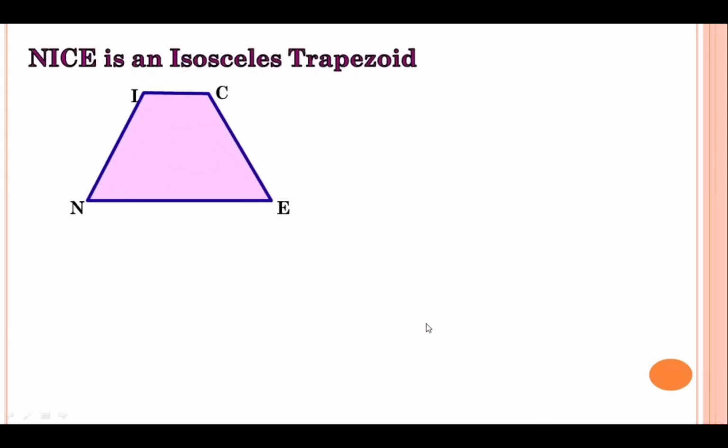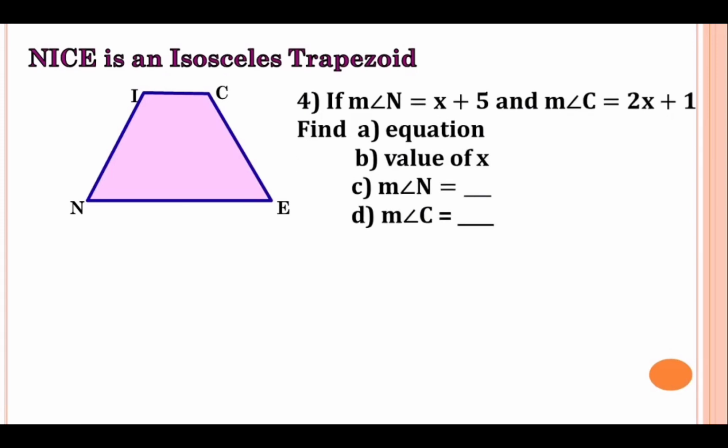Okay, NICE is an isosceles trapezoid. If measure of angle N is x plus 5 and measure of angle C is 2x plus 1, find the following. Angle N and angle C, how are they related? They are opposite angles.